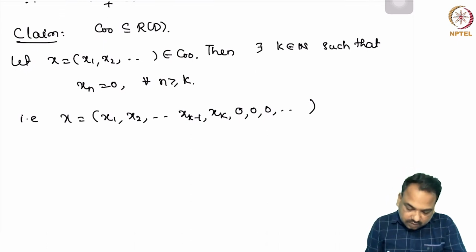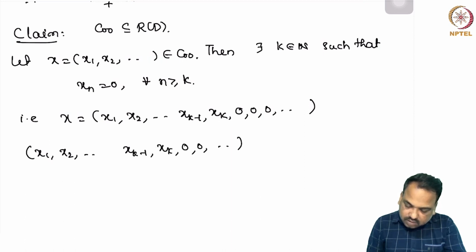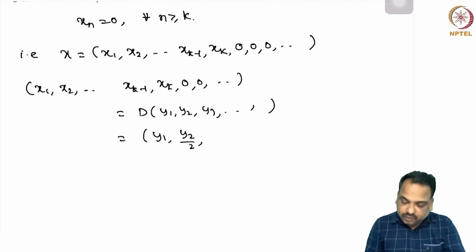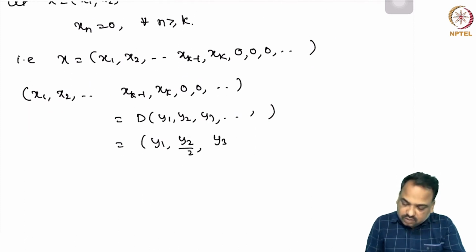So can we write (x1, x2, and so on, xk) as D of some (y1, y2, y3, and so on)? This is (y1, y2 by 2, y3 by 3, and so on).